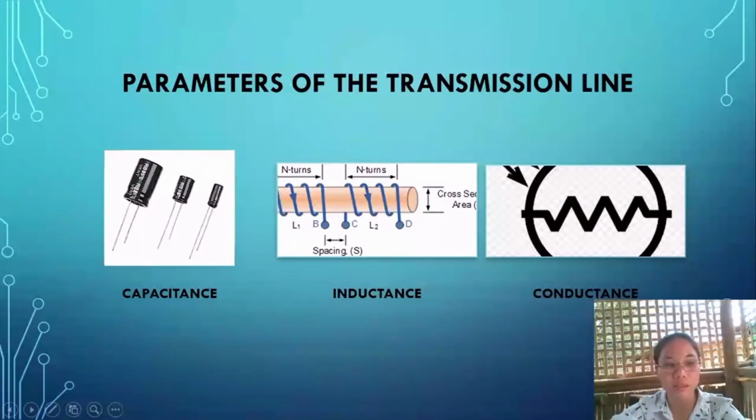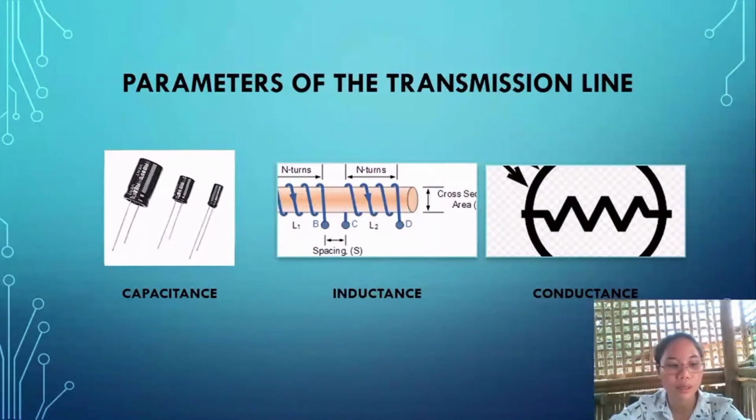So conductance through the transmission line is basically between the conducting wires and is represented by G. Its unit is mho per unit length of the conductor.